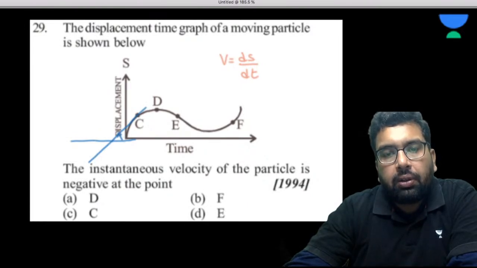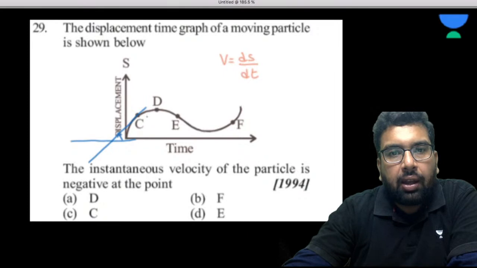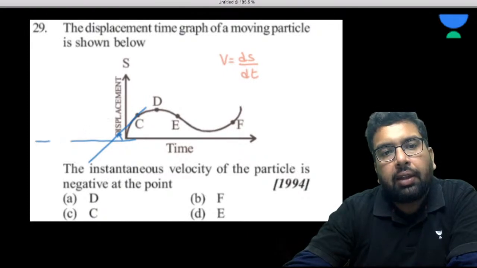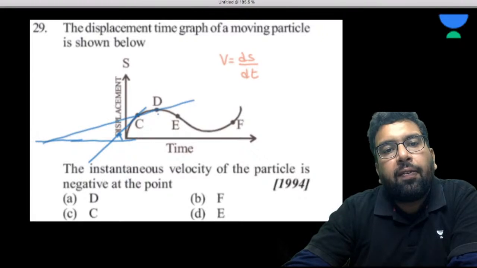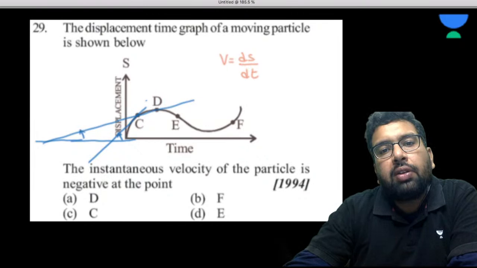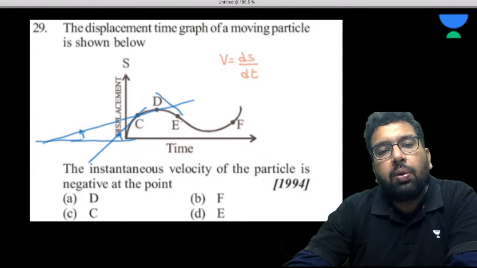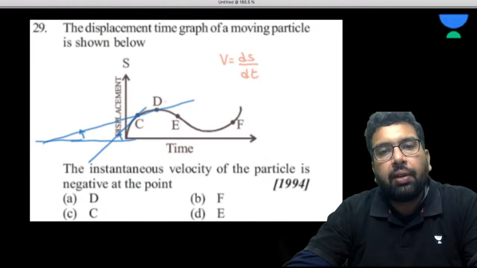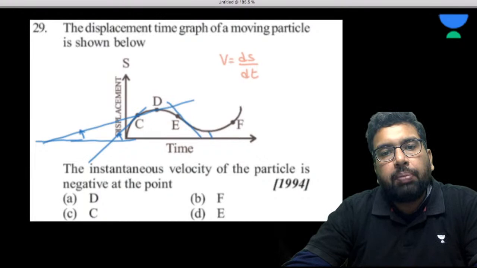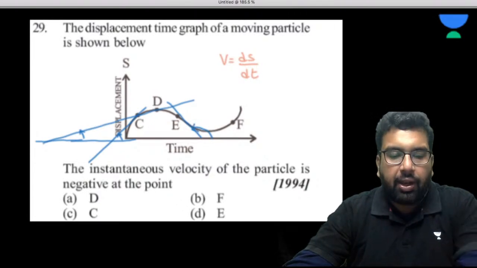What we learned is that when the angle is acute, the velocity is positive. Now for D, if I make the tangent, this is again acute. Now for E, if I draw the tangent, the tangent will be going like this somewhat. This is becoming obtuse. Clearly this is obtuse.